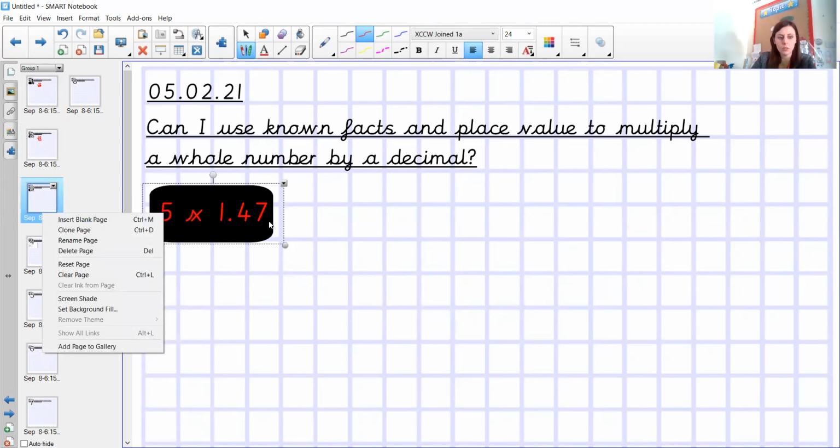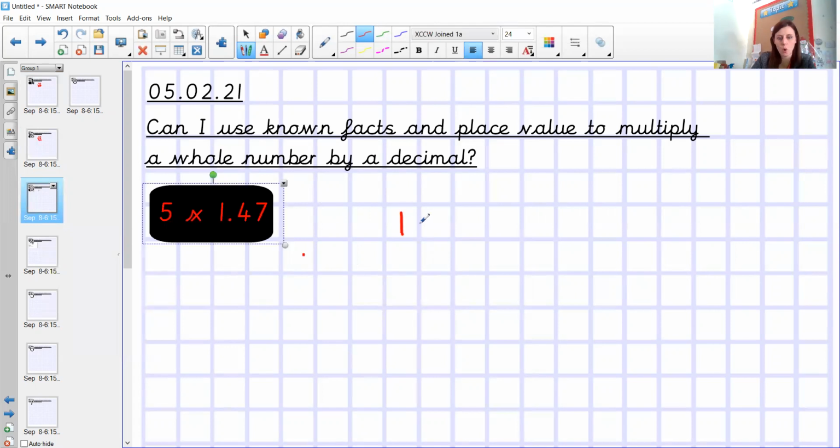I've got 1.47 multiplied by 5. Not forgetting to put that decimal point here.